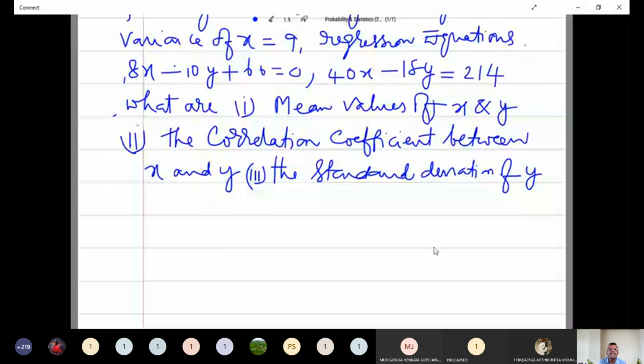And later we are going to resolve these two equations into the form of regression lines, y on x one line and x on y the other line.